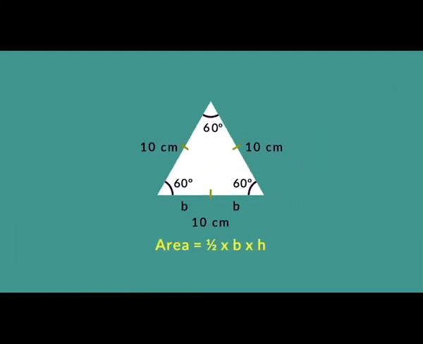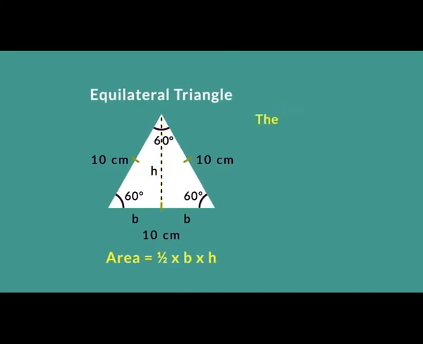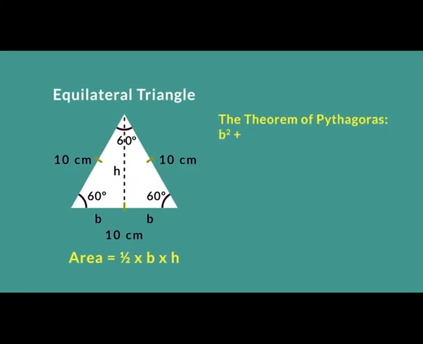These same rules can be applied to calculating the area of an equilateral triangle. First, find the perpendicular height of the triangle using Pythagoras. Here, our sides are all equal to 10 centimeters, so the base we need to use for Pythagoras is 5 centimeters and the hypotenuse 10 centimeters.